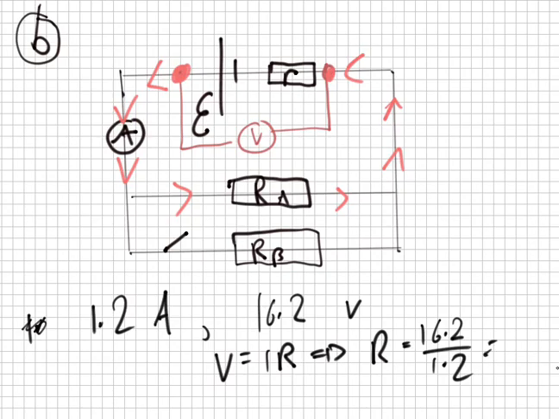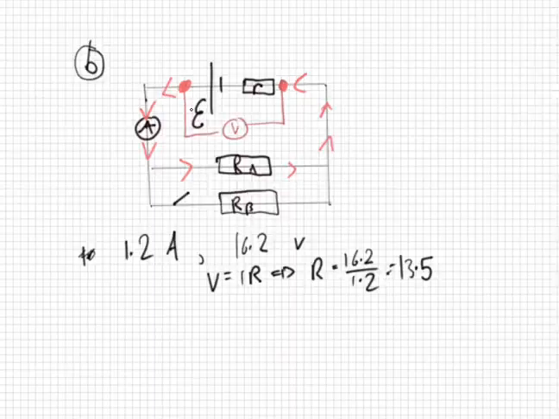What is it? 13.5. Okay. Good. Okay, 2 marks. Write down an equation for the EMF. So let's pretend now, he doesn't ask you to solve it, he just wants an equation. So what equation or what rule do you use now? Kirchhoff.